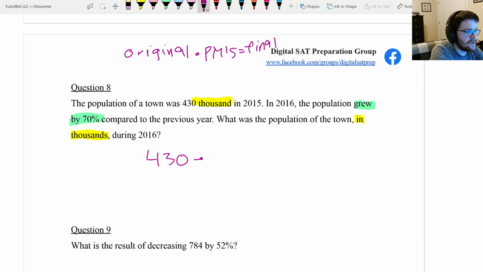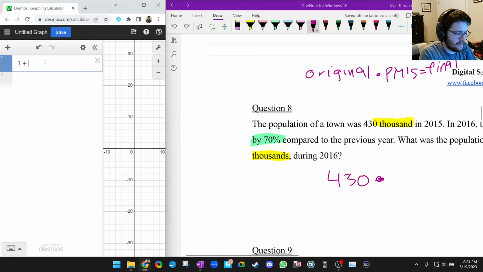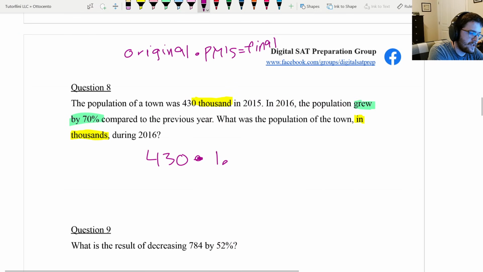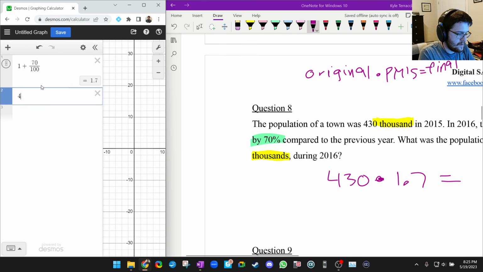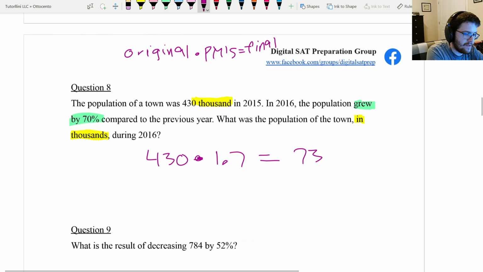That's not one of the words we did, but grew means to get bigger. So that's a percent increasing word. So let's find the multiplier for a 70% increase. 1 plus 70 over 100. It's 1.7. So we're going to do 430 times 1.7. And that'll give us our final, which is in 2016. So 430 times 1.7 is 731. And I don't have to put 000 because it says in thousands.